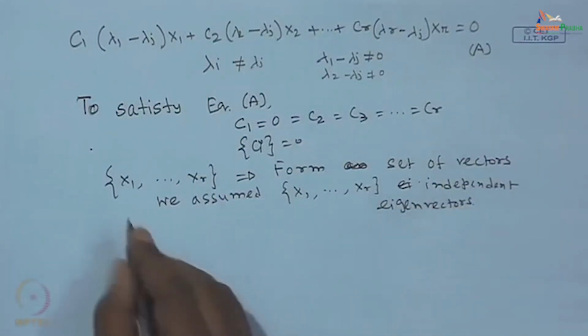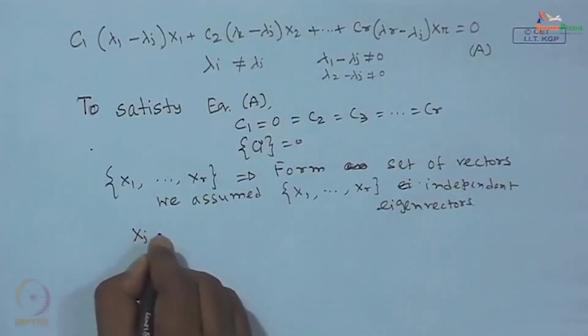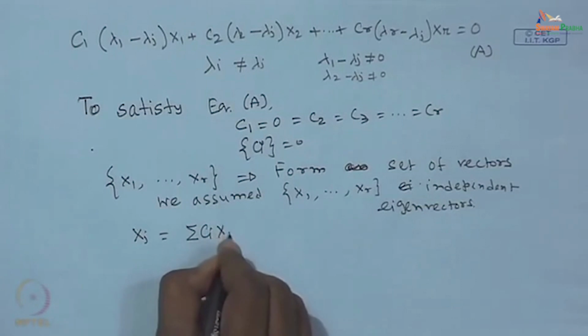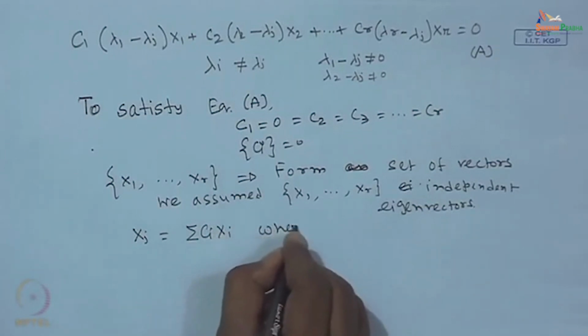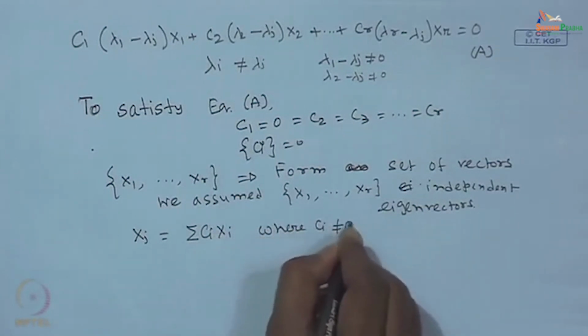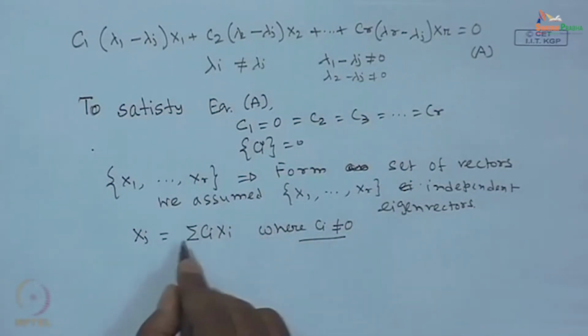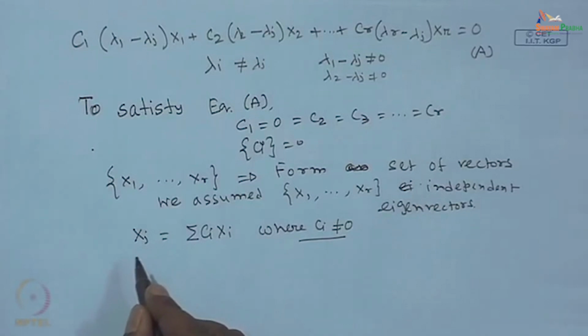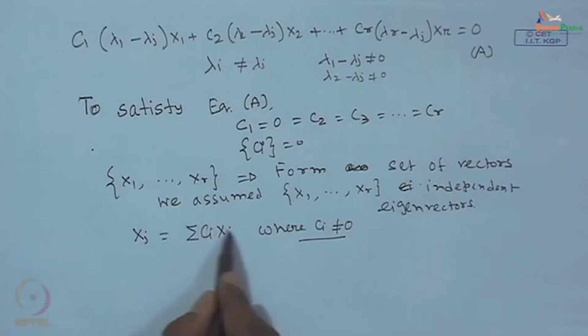So, any other vector x j can be represented as summation C i x i, where C i is not equal to 0. That was our earlier assumption when we started, that we have taken any eigenvector from the dependent set lying between n minus r and n. So, x j can be expressed as a linear combination of these vectors.